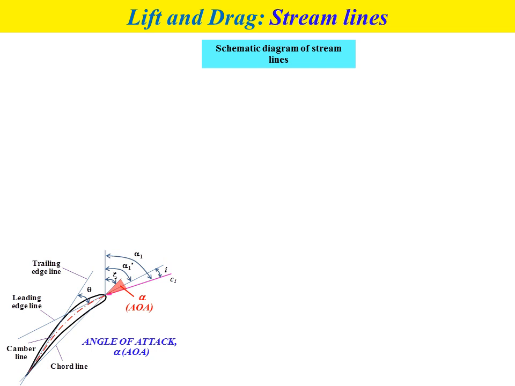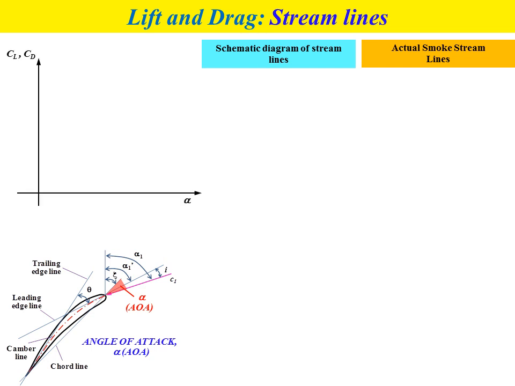We'll look at the difference between the streamlines by using a simplified schematic diagram and also the actual result obtained from the smoke streamline in the wind tunnel investigation. And we will look at the effect of these different types of streamline on the lift coefficient value CL and also the drag coefficient value CD.